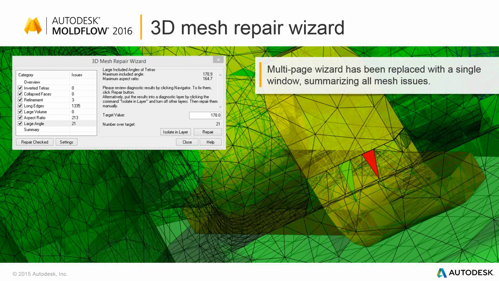And just in looking into why that is, we basically concluded that there was almost no correlation between what you would do as a user in terms of fixing a specific mesh, and getting feedback in terms of what the impact of the fix was on your overall mesh quality.